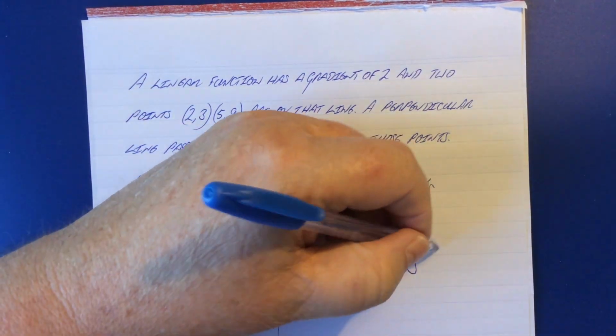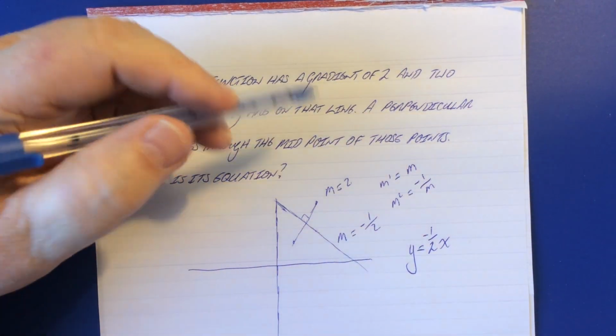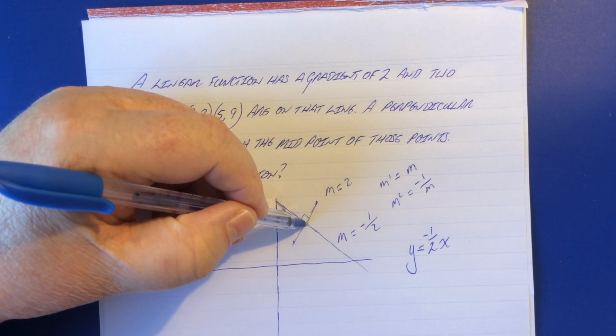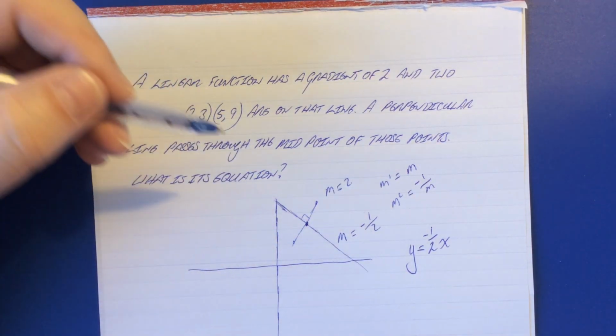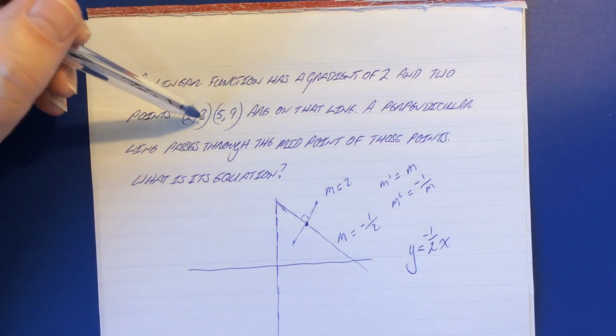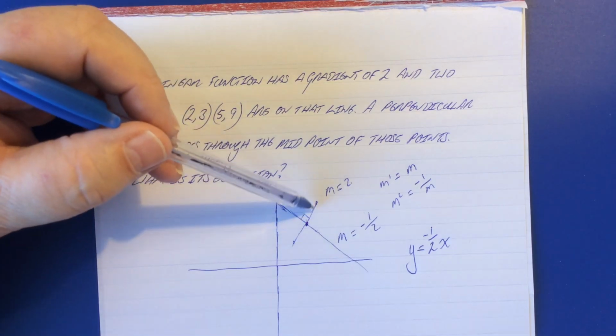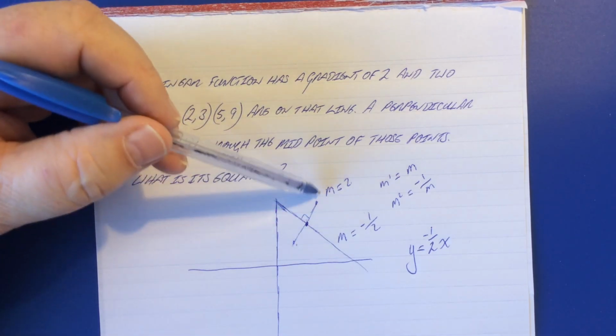We'll call it y equals negative a half x. What we need to know is what point it passes through, and that's where the second clue here, the 2 points, are important, because this passes through the midpoint between these.